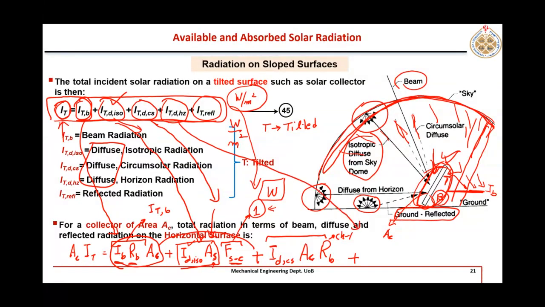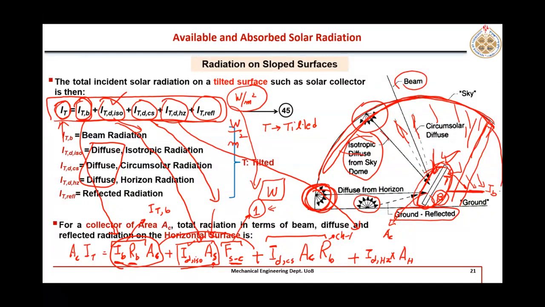Now the next one, this one, diffuse from horizon. So that is the solar radiation diffuse coming from horizon multiplied by horizon area, this one, in 3D, in 360 degree, that whole horizon area.